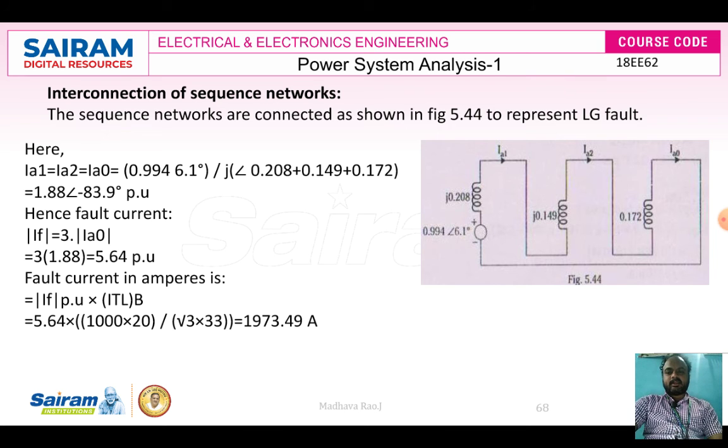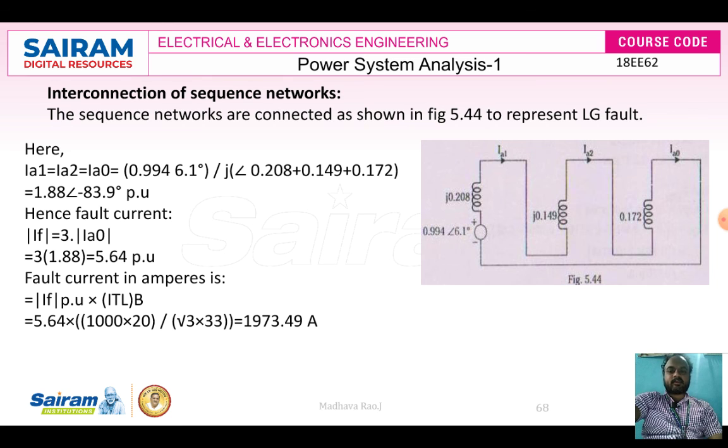The fault current If is equal to 3 into Ia naught. For an LG fault, all three impedances, positive, negative and zero sequences, will be connected in series. So the fault current If is equal to VThevenin by Zthevenin, or 3 into Ia naught.